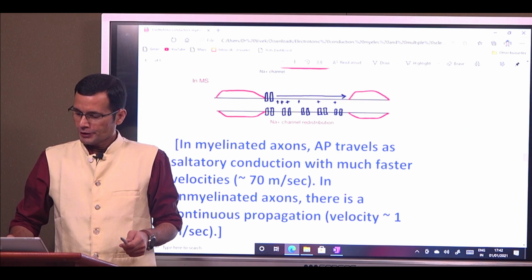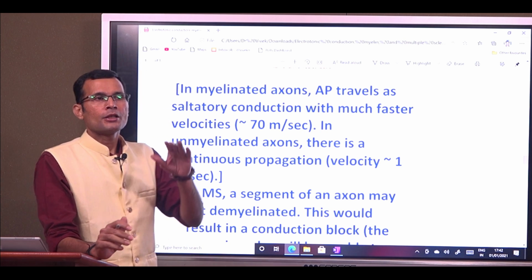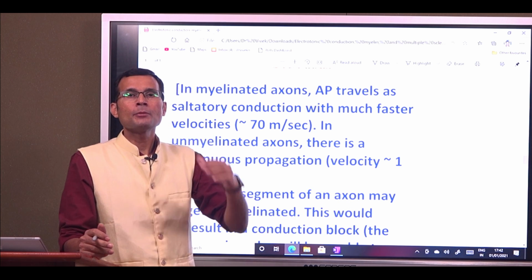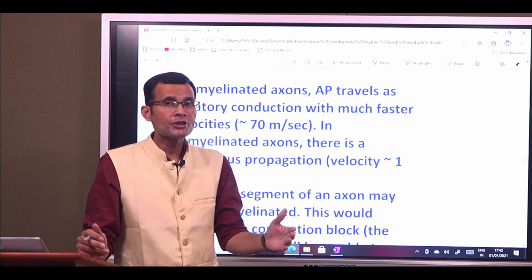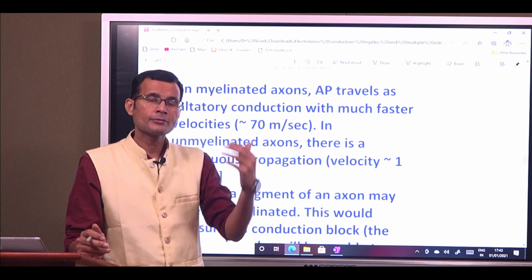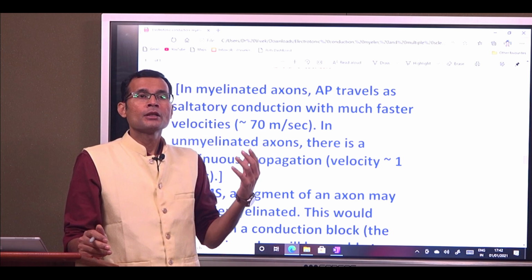So that's what happens in multiple sclerosis. Initially, demyelination has happened, impulse conduction block will happen, plus there will be inflammation of the white matter in the spinal cord, those ascending tracts that have nerve fibers with myelin sheath.